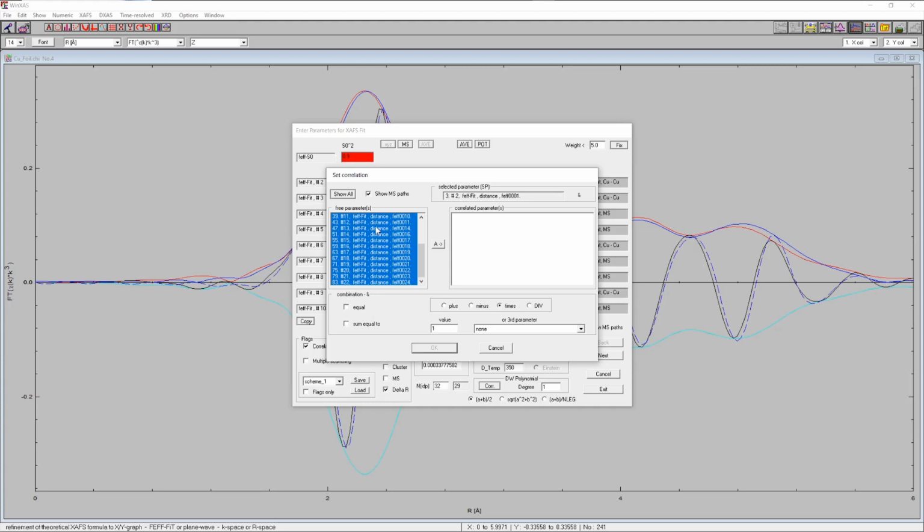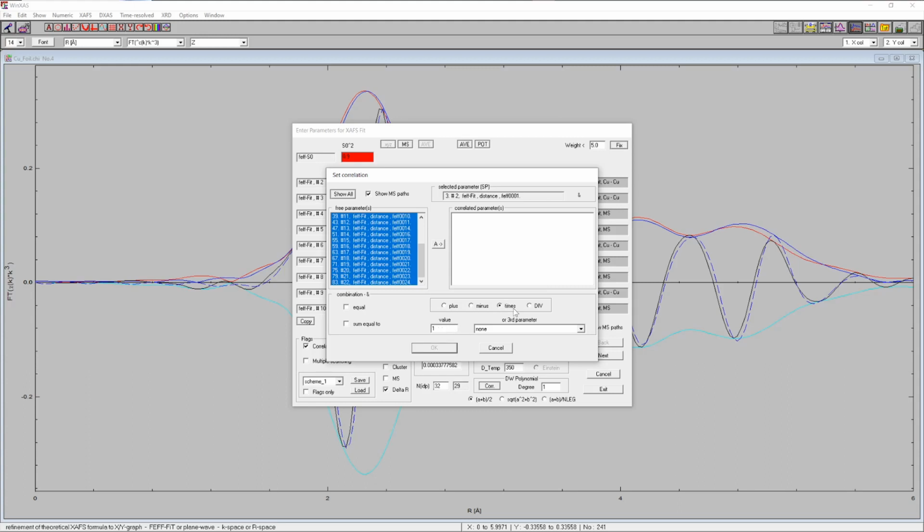The sum of two parameters can be equal to a certain value or another parameter. So for instance, if you have two paths in a shell, let's say an octahedron, and you know that the coordination number is 6, then you can refine the coordination number of those two shells to be equal to 6. So 1, 2, or 1, 4, or both 3, or whatever.